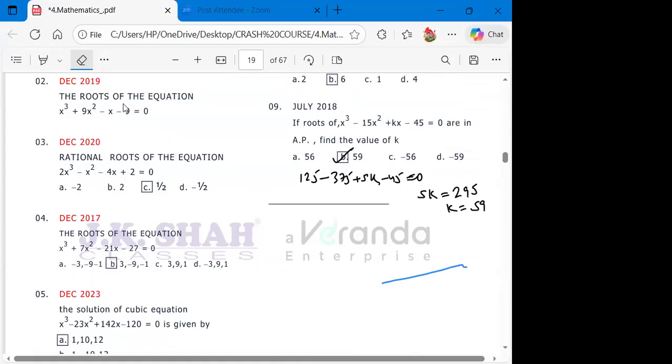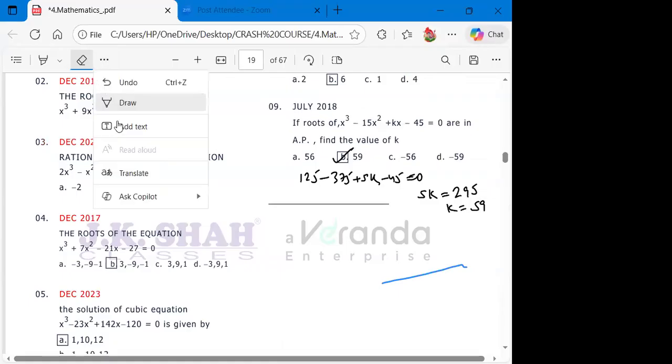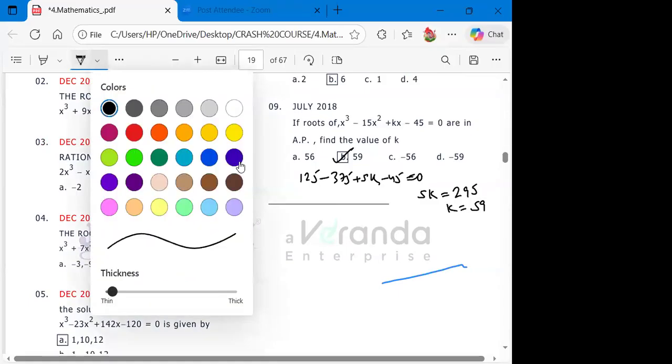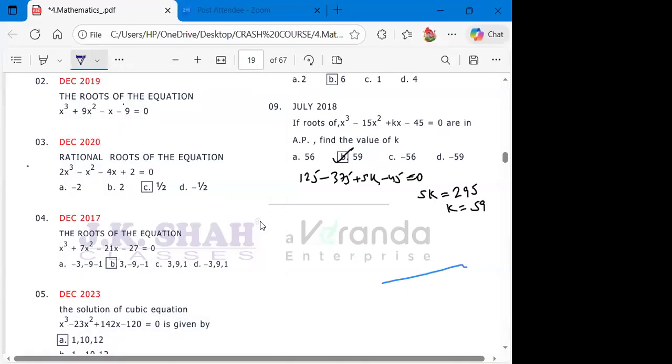Okay, good. See carefully. The equation is x cube plus 9x square minus x minus 9 is equal to 0.